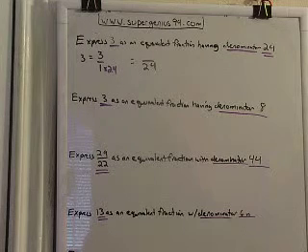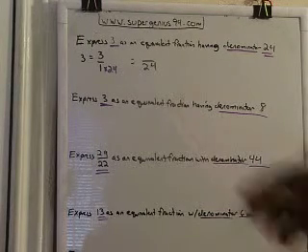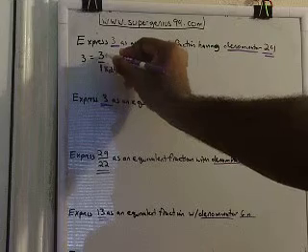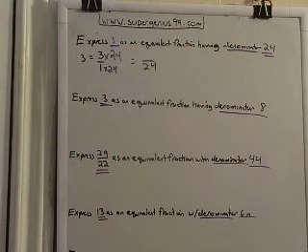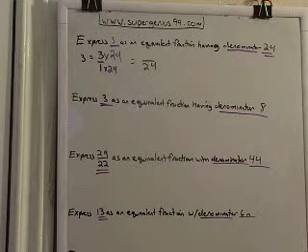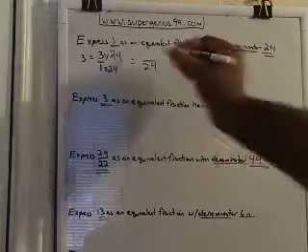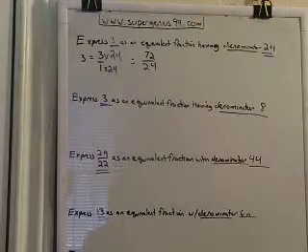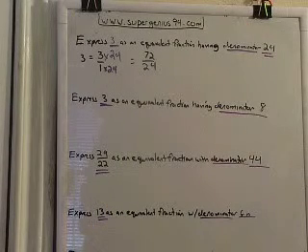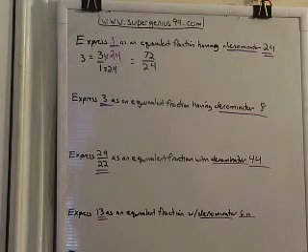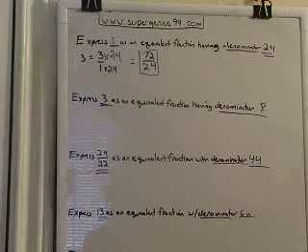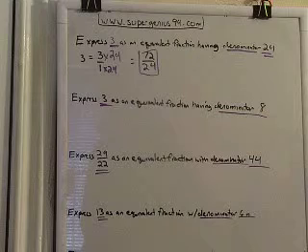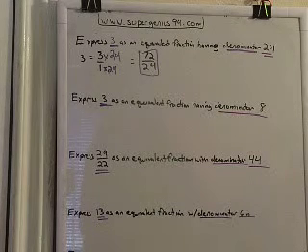So if I multiply the denominator by 24, then I also multiply the numerator by the same number. So then, what is 3 times 24? Well, 3 times 24 is 72. So the fraction that is equivalent to 3 that has the denominator 24 is 72 over 24.